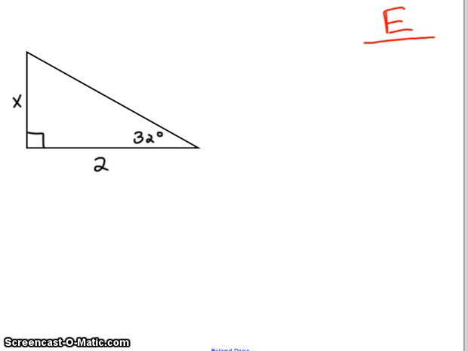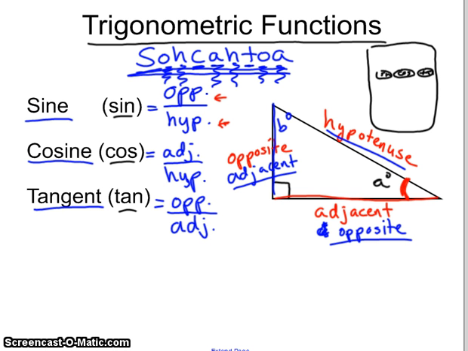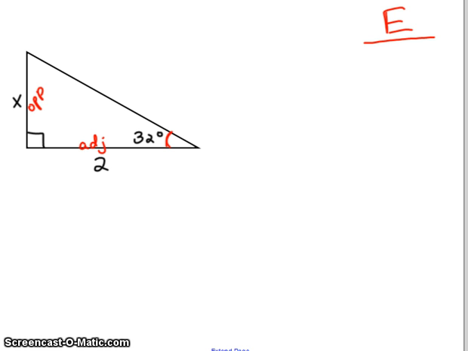Okay, next example, we have this angle here, and we have the opposite side and the adjacent side. Well, which trig function deals with the opposite and adjacent? That's tangent. Okay, so we're going to go tan of the angle equals opposite over adjacent.